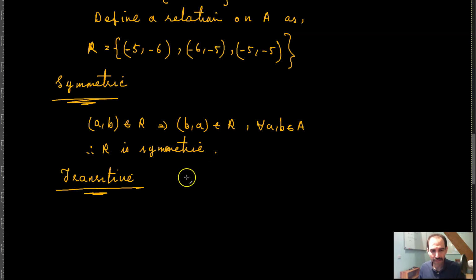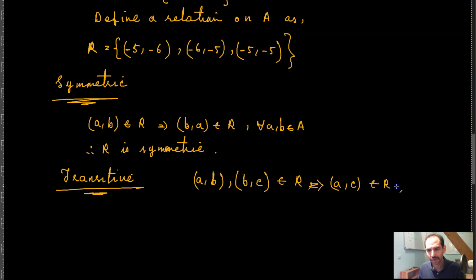We say that if (a, b) belongs to R and (b, c) belongs to R, both of them belonging to R, has to imply that (a, c) also belongs to R for every a, b, and c belonging to A. That is the condition.